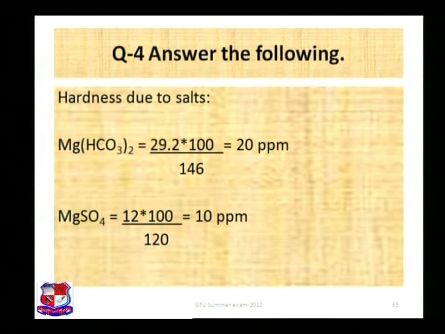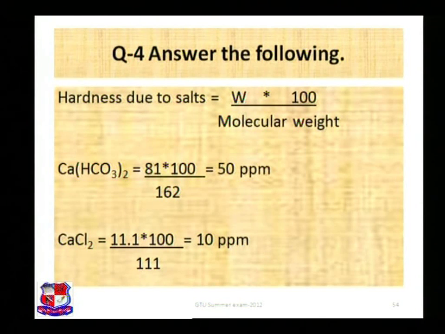At the same time, magnesium sulfate is 12 into 100 divided by 120, which is equal to 10 ppm. Hardness is calculated from the formula W into 100 divided by molecular weight. The W data is already given in the numerical, and now we will add up all the things.